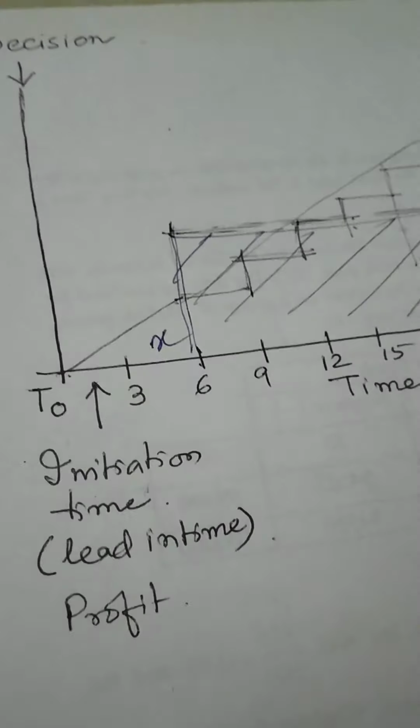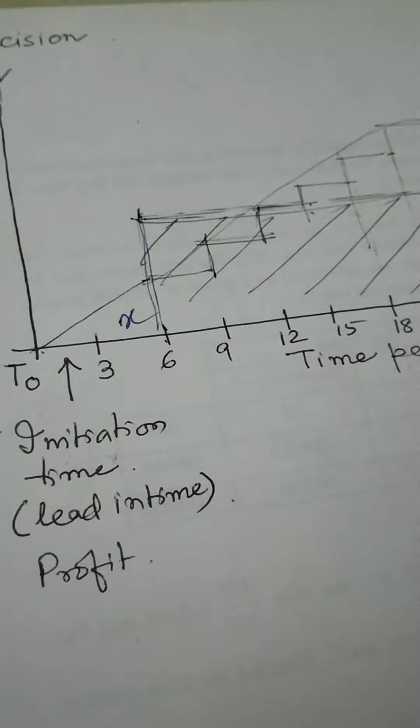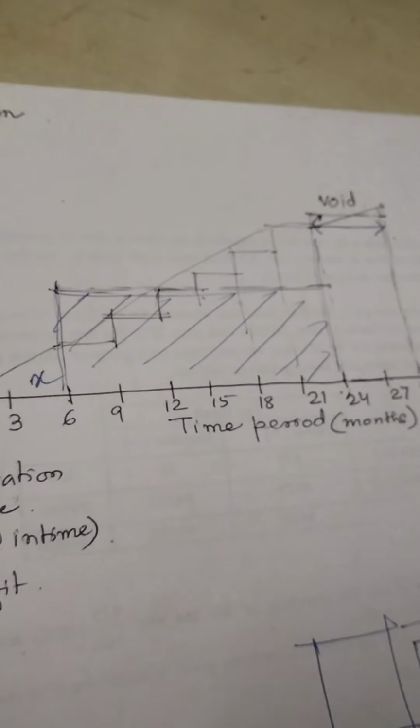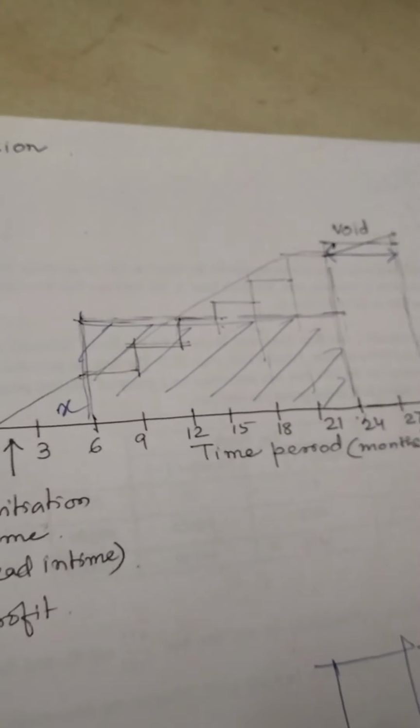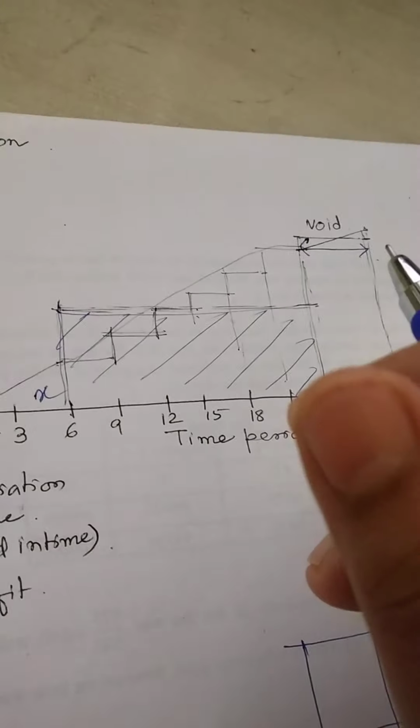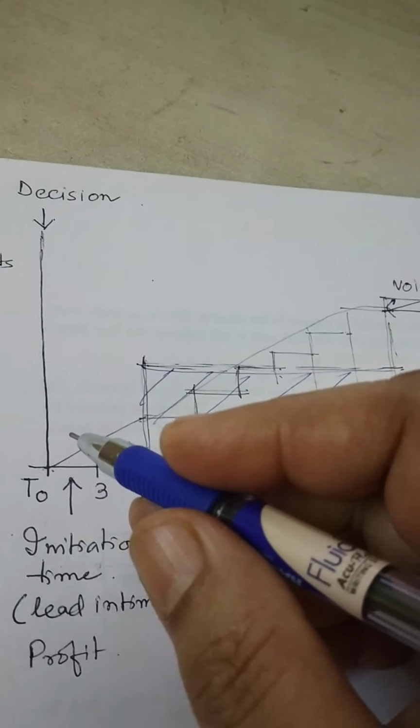Then comes the construction period, and then the void period. If you understand this, and you all know the cost-benefit method, and most of you did fairly well in your mid-sem exams, you can come down to the cost at T0.